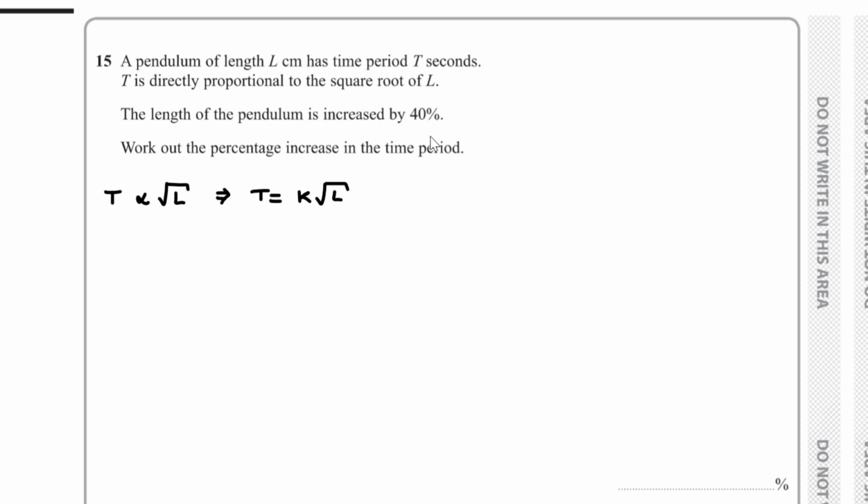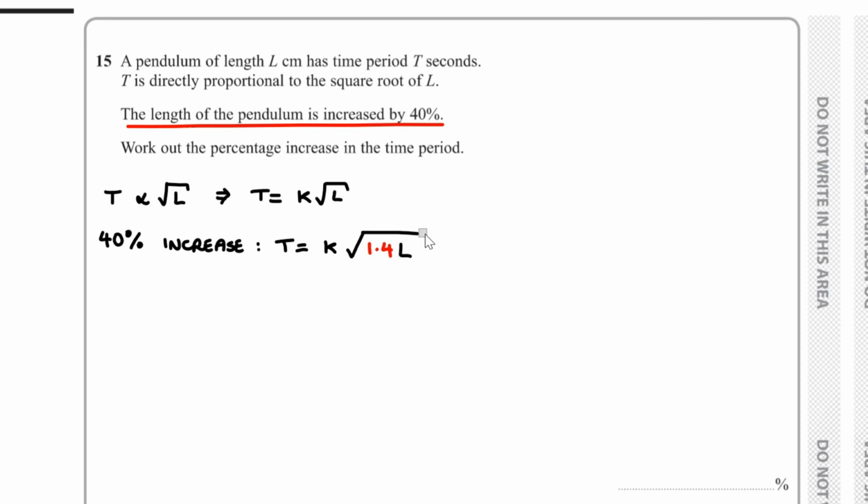Now, with the 40% increase, we know that the length is increased by 40%. So T is now equal to K lots of 1.4 times L. The reason we have 1.4 is because the length of the pendulum is increased by 40%.